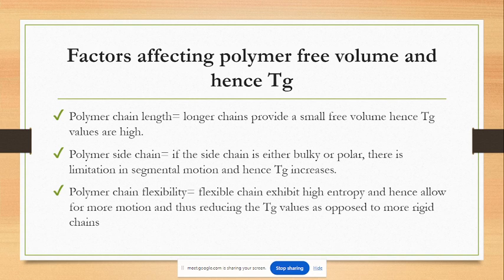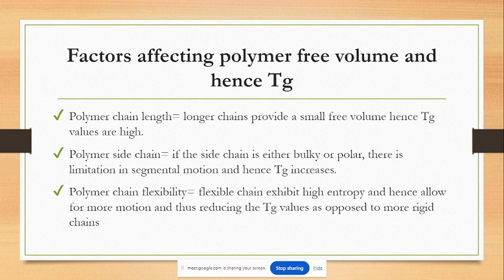Longer chains provide a small free volume, hence Tg values are high. Longer chains usually fit almost the whole rectangular box. They are going to fit it without leaving any space on the sides. So that means that motion is not easy in such a container because the polymers are too long.